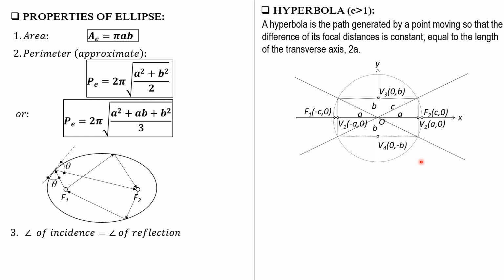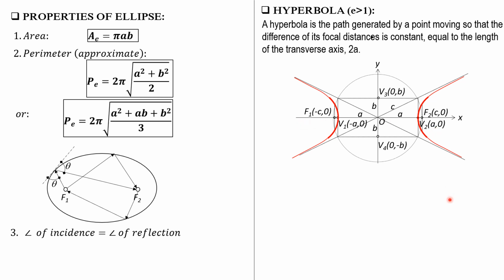We draw the hyperbola first, but before that, let's have the length of the latus rectum, left and right. These red curves are the branches of the hyperbola.